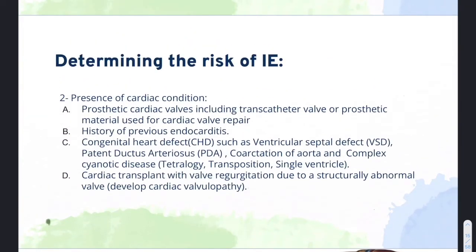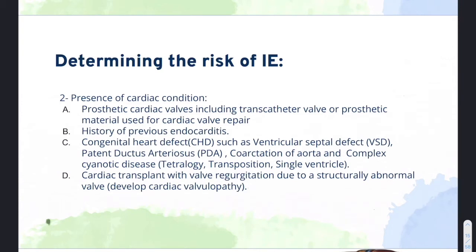Complex cyanotic disease is a cyanotic congenital heart defect. They are congenital cardiac malformations that commonly affect the atrial wall. They are categorized by right to left shunt, which leads to the right side of the heart containing deoxygenated blood. If the shunt is from right to left, the deoxygenated blood will enter the systemic circulation, resulting in hypoxemia manifested clinically as cyanosis.